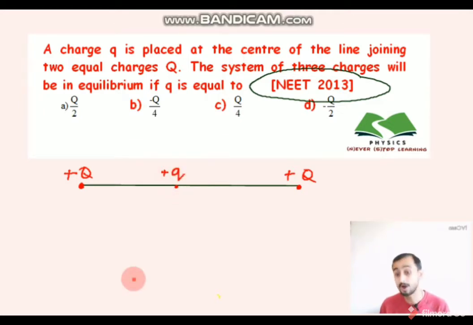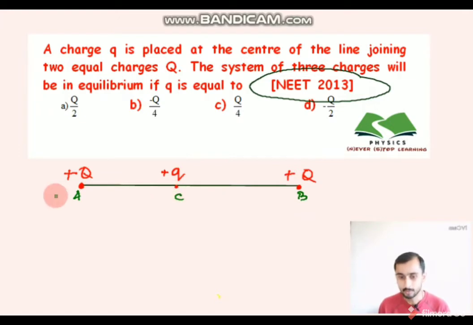That is small q. So capital Q and capital Q are kept at a certain distance, and in between them, at the midpoint, if you consider this as some point A, this is A, this is B, now C is the midpoint of line AB.